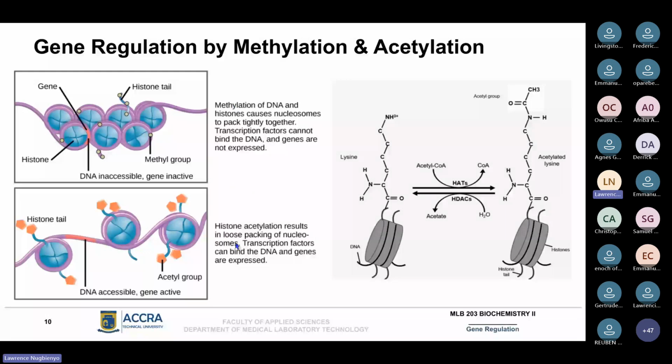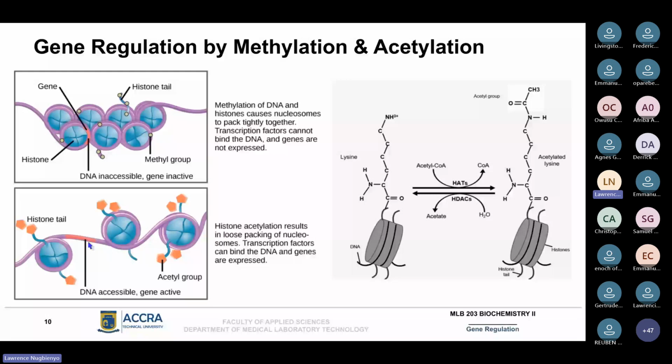So going back to where we started from, you can see clearly that methylation is a negative regulation, whilst acetylation is a positive regulation, because methylation is preventing the gene from getting expressed, making the gene inaccessible, whilst acetylation is making the gene accessible to be expressed. So it is promoting the expression of the gene, and thus acetylation is a positive regulation.